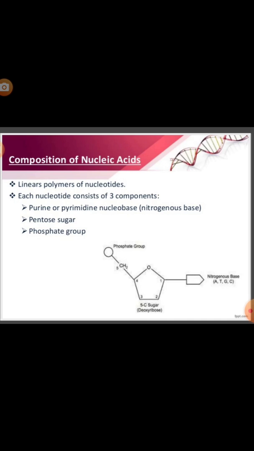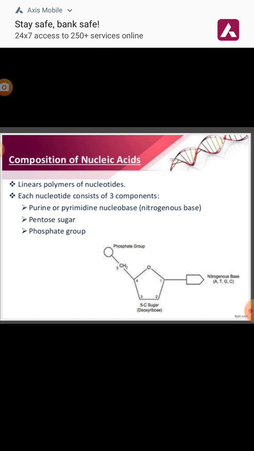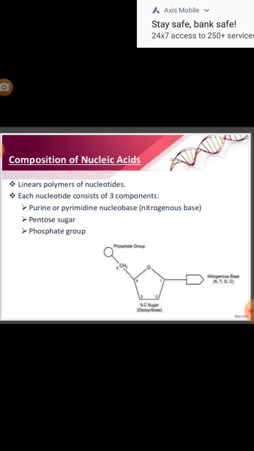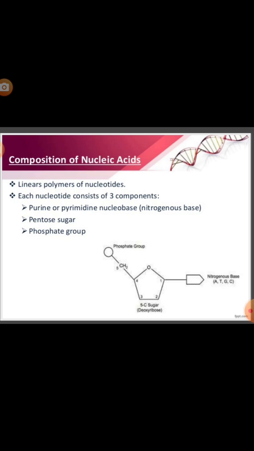The monomer of DNA and RNA is the nucleotide. A nucleotide is mainly composed of three components. First, nitrogenous bases, which are purines or pyrimidines. Second, pentose sugar, that is a five-membered ring structure. Third, a phosphate group.